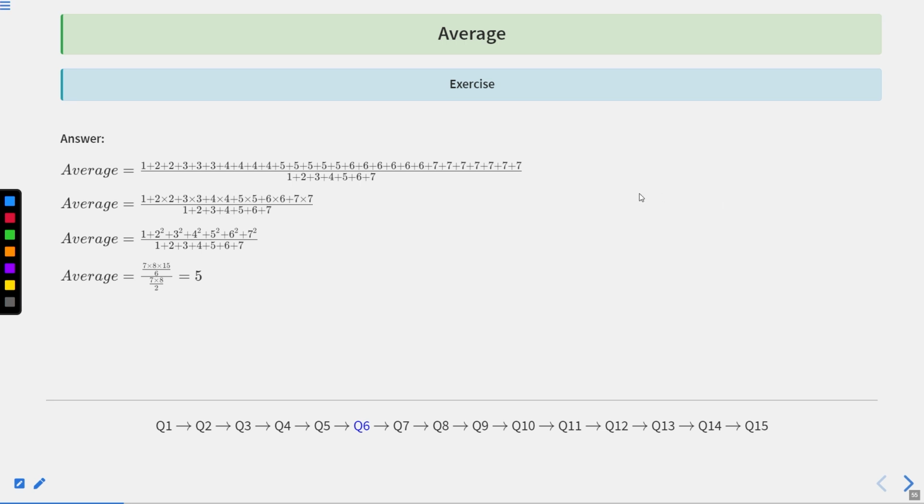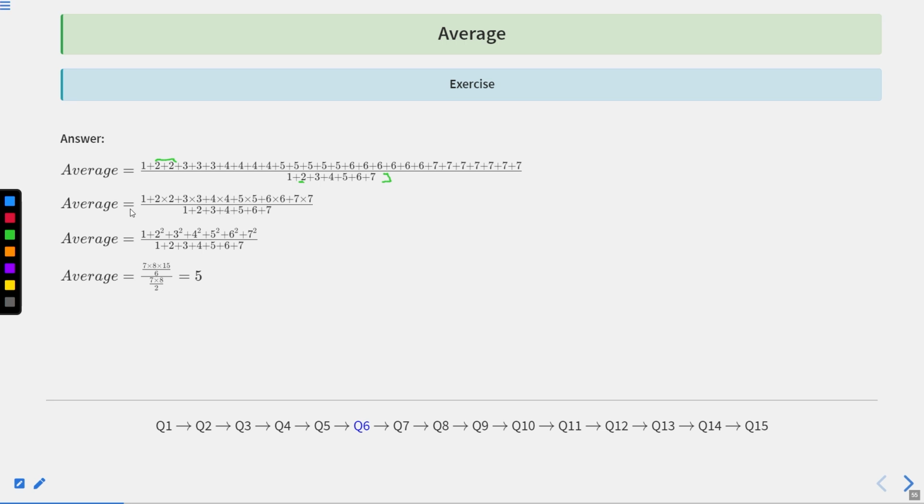So the average will be equal to 1 plus 2 plus 2, 3 plus 3 plus 3, and 4 plus 4 plus 4 plus 4, 5 plus 5 plus 5 plus 5 plus 5, 6 plus 6 plus 6 plus 6 plus 6 plus 6, and 7 added 7 times. In the denominator, we will have 1 plus 2 plus 3 plus 4 plus 5 plus 6 plus 7, because this is the number of observations: 1 occurs one time, 2 occurs 2 times, and so on.